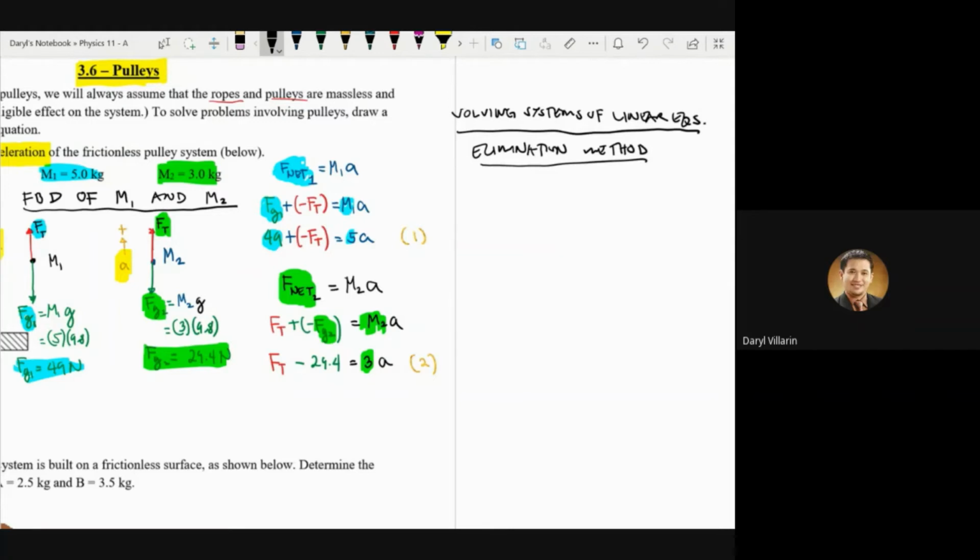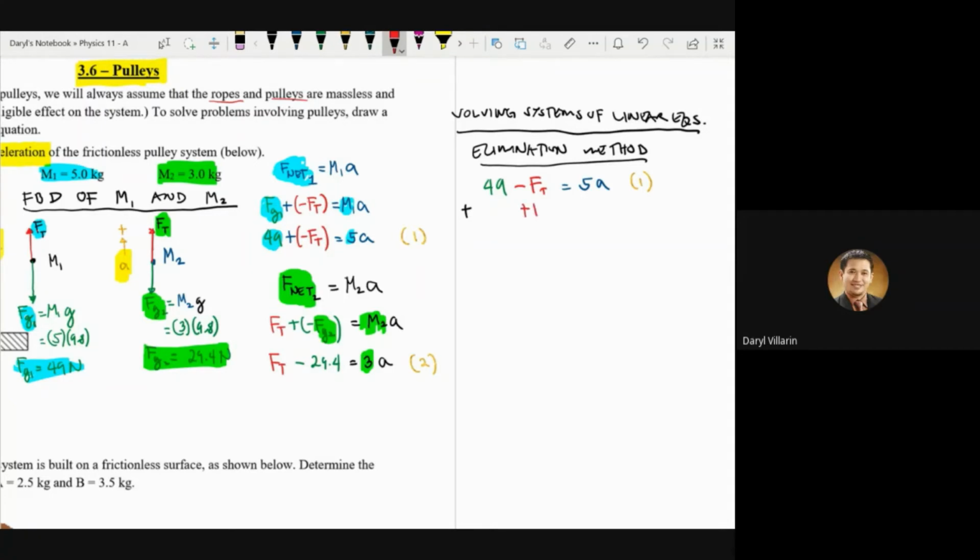If you can see these two equations, I can actually eliminate FT if I add equation 1 and equation 2. Equation 1 is given as 49 minus FT is equal to 5a. If I add that with my second equation, I just have to rearrange this one.